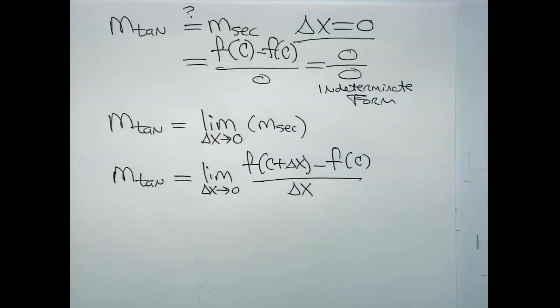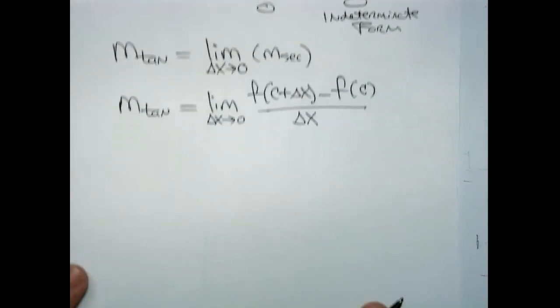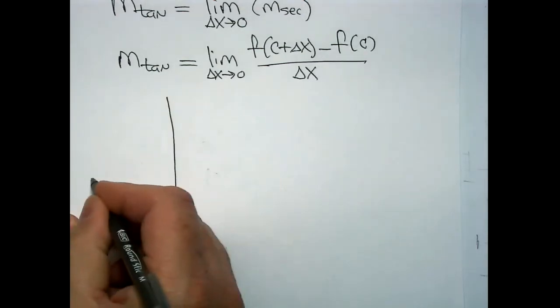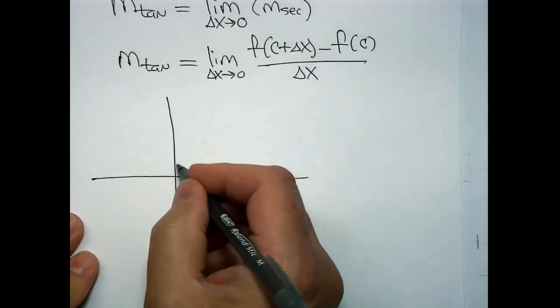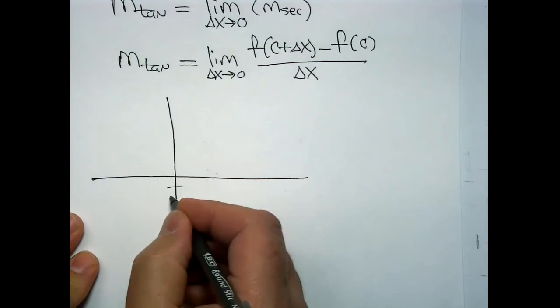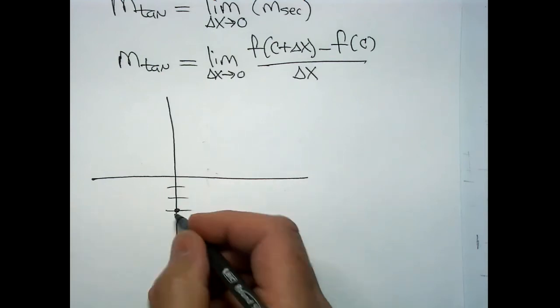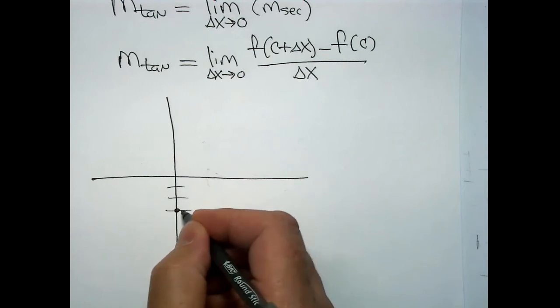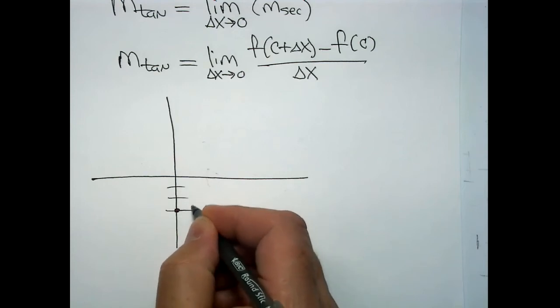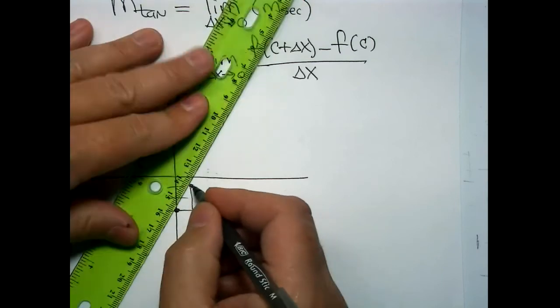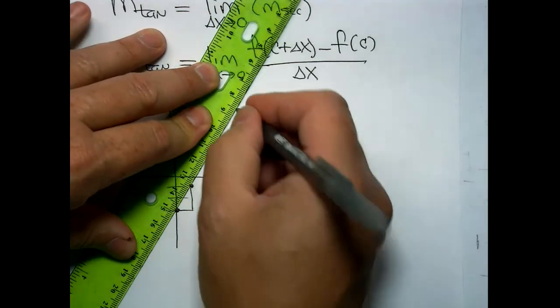So the first thing I'd like to do is try this formula on a line. Let's make up a line here. -1, -2, -3. And let's do rise over run of, let's run over 1 unit and rise by 2 units. Let's get our ruler out, and this will be my function.